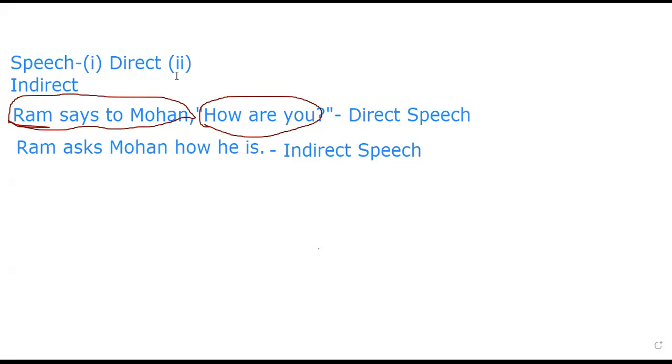I told you there are two parts: one is before the comma, which is not quoted, and one is after the comma, quoted in double inverted commas. Now you have to see the part which is not quoted. If this part is in present tense or future tense, then the part in double inverted commas will not change the tense.